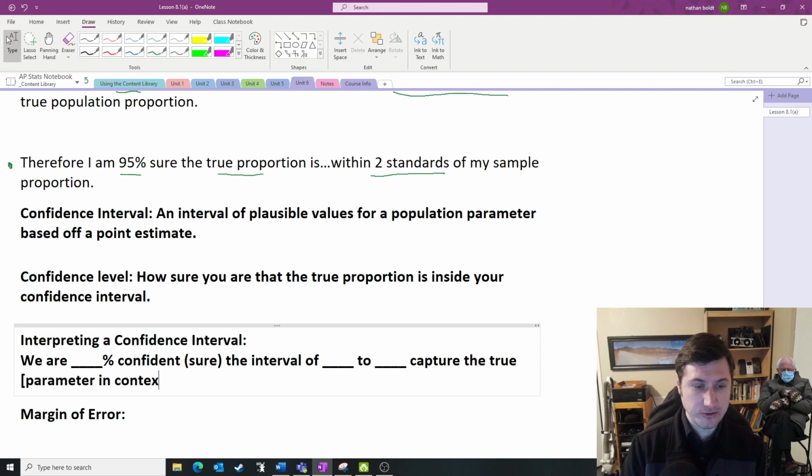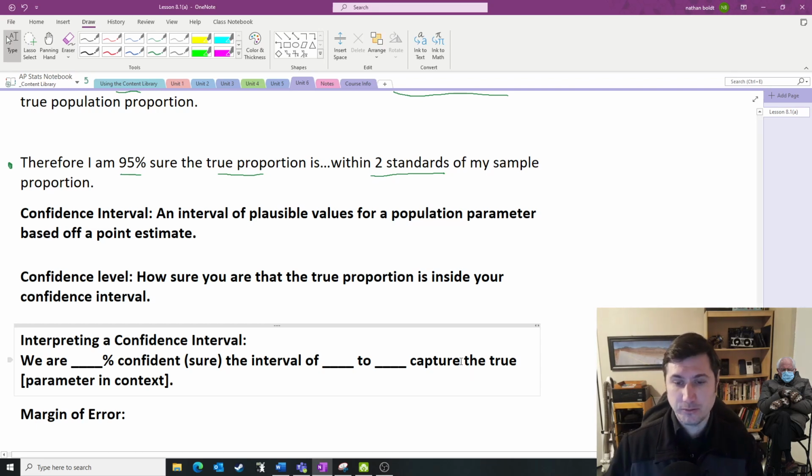Make sure you, of course, add context. Okay? We are blank % confident or sure that the interval from blank to blank captures, I should probably have an S, shouldn't it? Captures the true parameter.